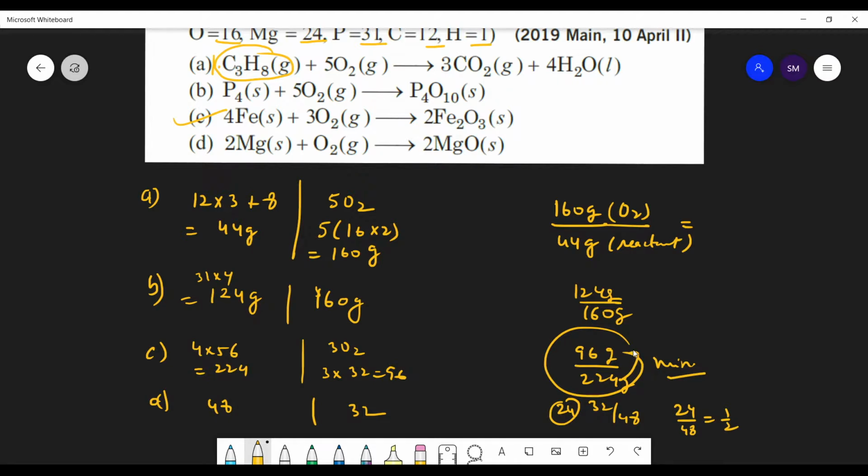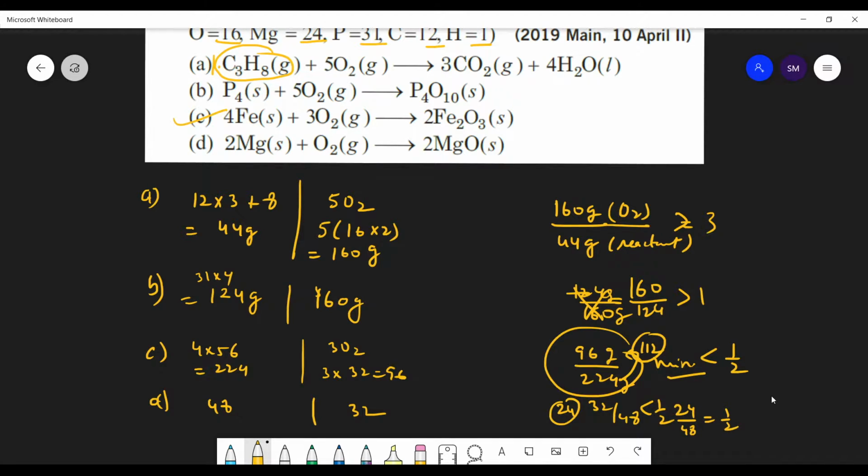But here it is 224, so half of 224 is 112. So this is lesser than half, and that is greater than half. And this 124 is actually 160 upon 124, so this is greater than 1, and this is even greater than 3. Okay?